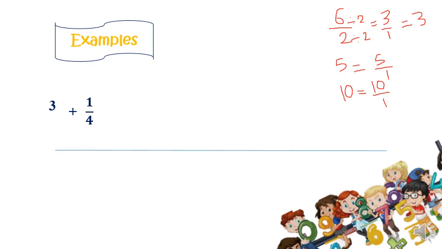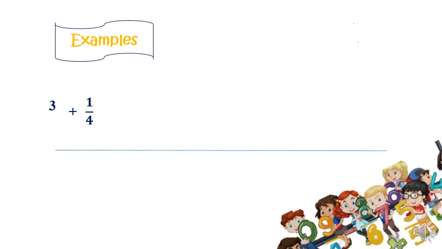So this is the first step. You have to know how to convert a whole number to a fraction. You just write it over 1. Let's check. So now let's write this 3 over 1. Now I have to make the same denominators. How to make the same denominators? Look at the second fraction.